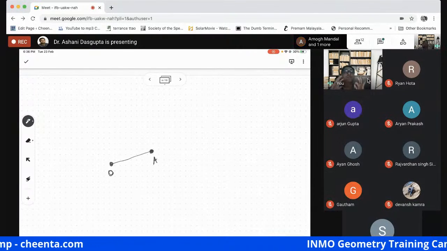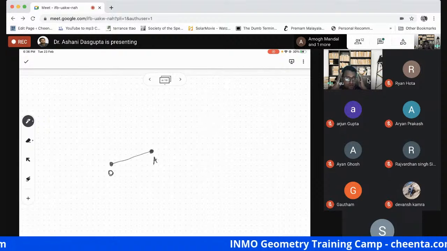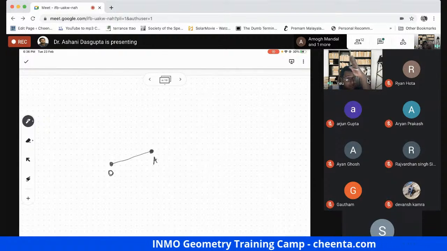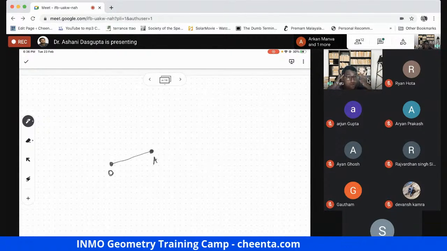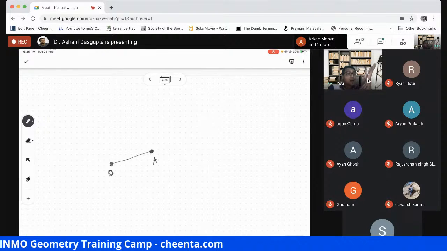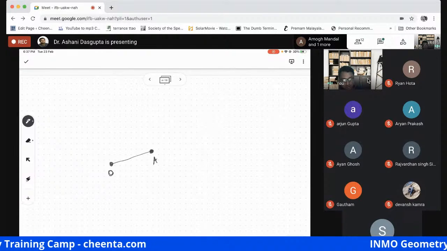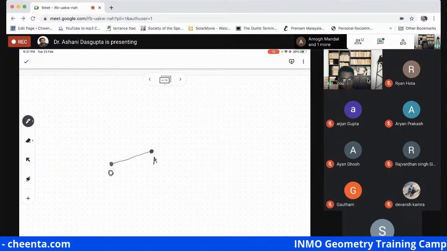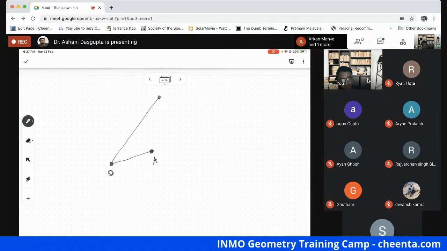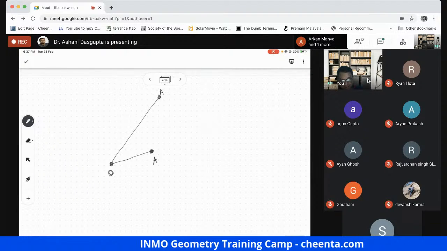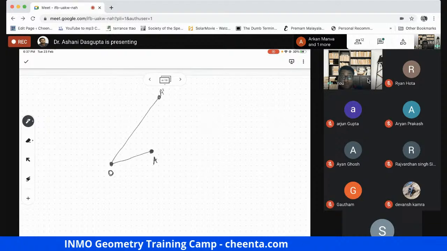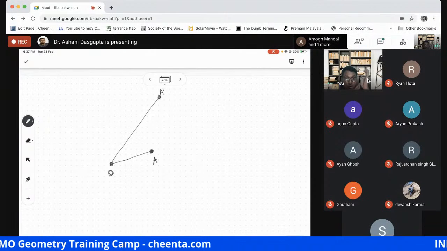I would strongly suggest that you not only focus on the end result of the motion, but you also focus on the motion itself, how it is moving. Okay, so this is OA. If you want to blow it up, it becomes like this, maybe. So A prime is here. So you've got to think about how this all happened.